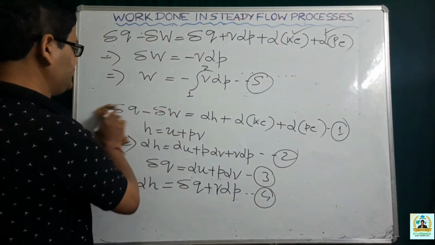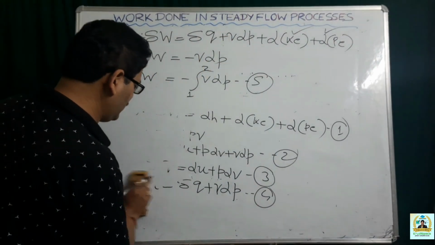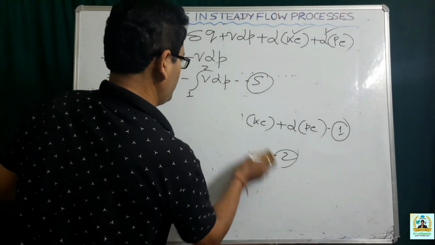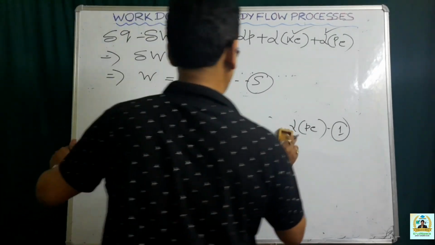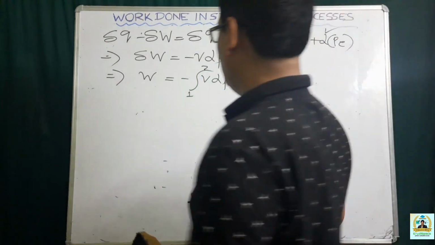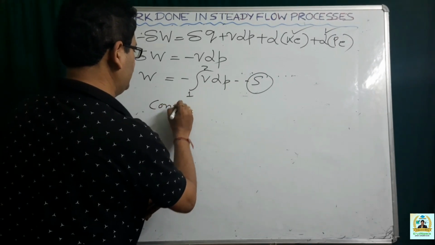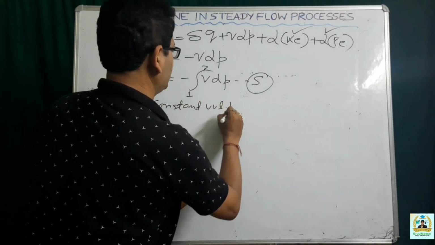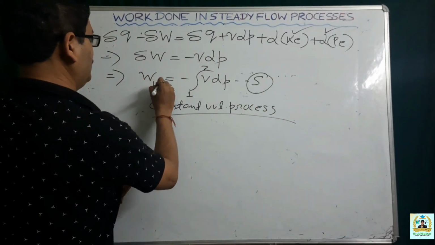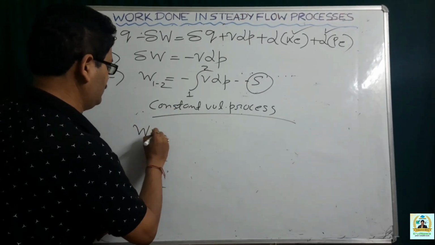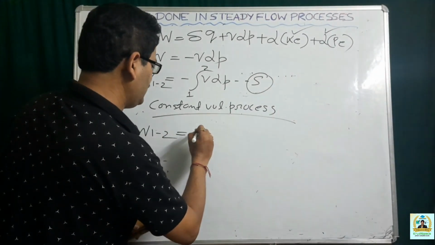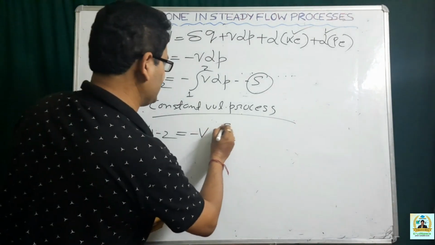So let us consider the constant volume process. Constant volume V is taken out of the integration sign.